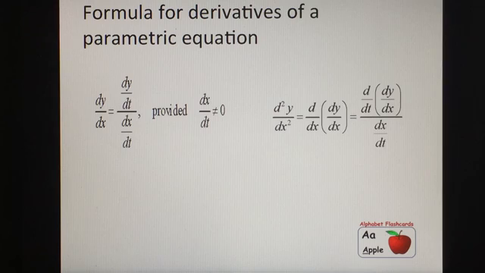To find the first derivative, dy/dx equals dy/dt, the derivative of your y parametric equation, over dx/dt, provided, of course, that dx/dt doesn't equal 0. Looking at the right, the second derivative is the derivative of the first derivative that you just found. So in order to do that, you have d/dt of dy/dx over dx/dt.